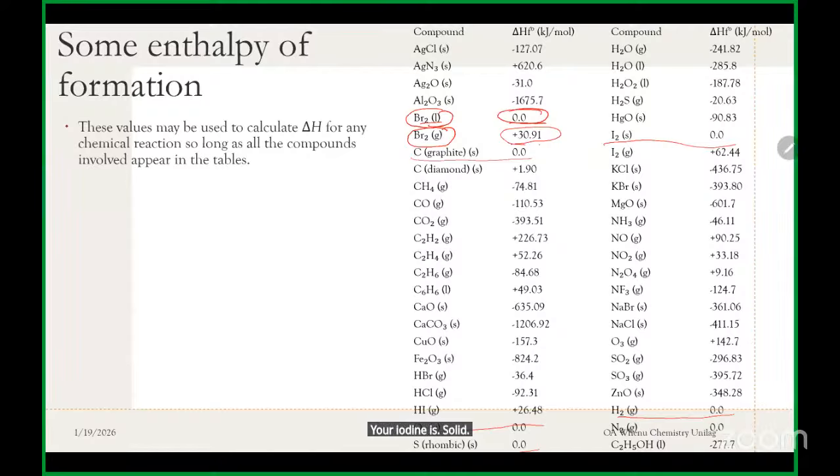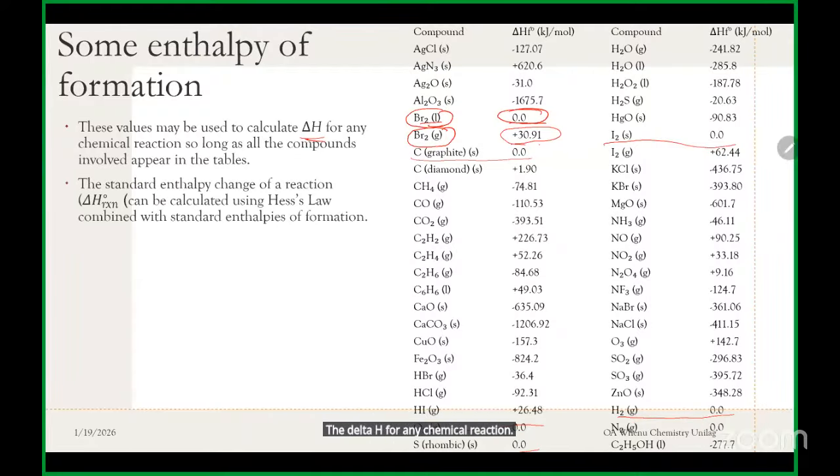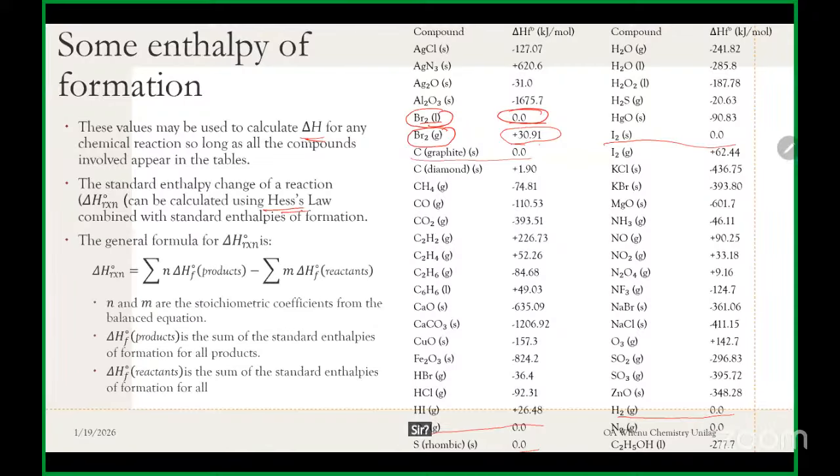So these values that we're looking at may be used to calculate the delta H for any chemical reaction once we know the standard enthalpy for the reaction. Based on the property of Hess law, so how do you calculate it?